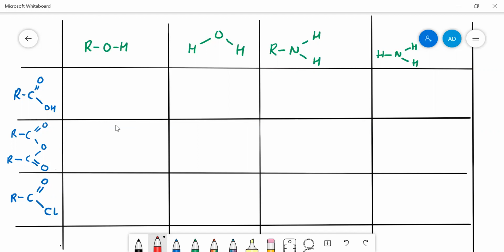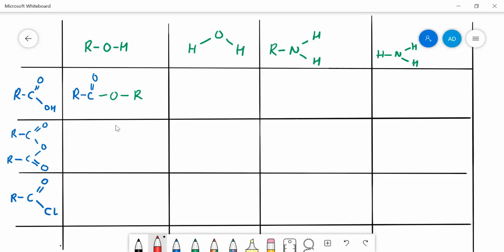Okay, so the very first one we did is we had a carboxylic acid reacting with an alcohol, and the product we're going to get will be like this. Now there's 2 R groups, they don't have to be the same, they can be different, of course. And that is an ester, isn't it?